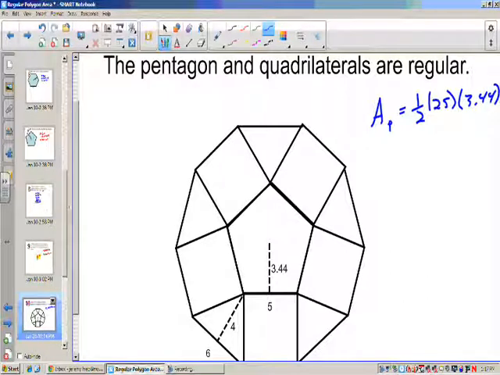So 25 divided by 2 times 3.44 gives an area of 43. So in the middle, it has an area of 43.